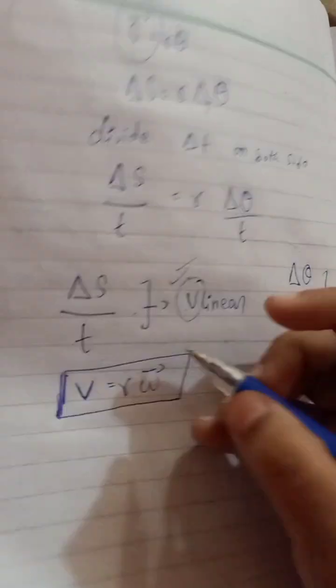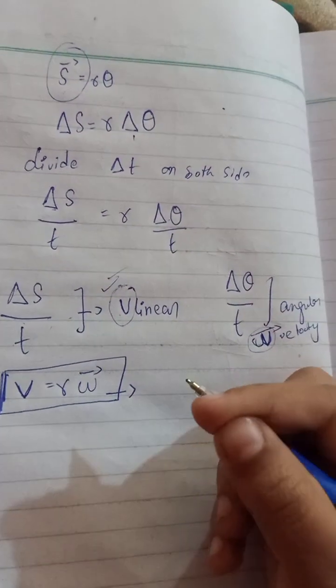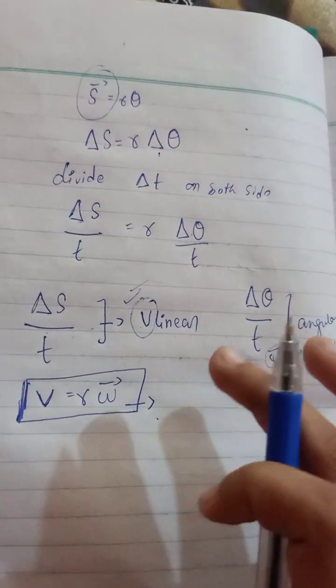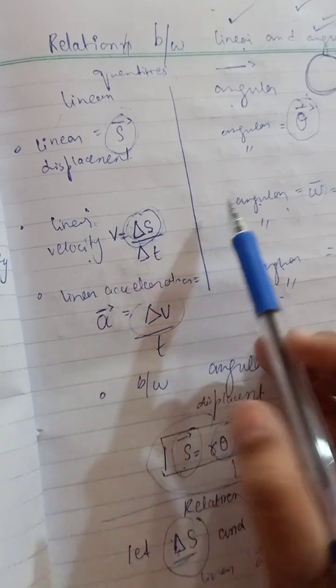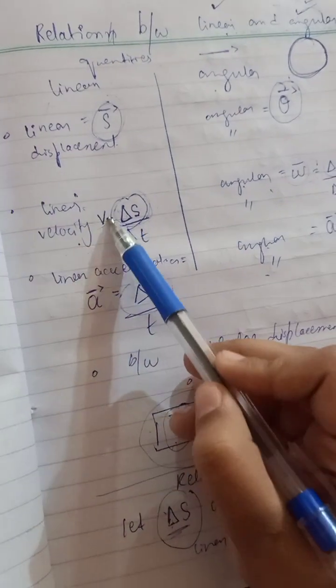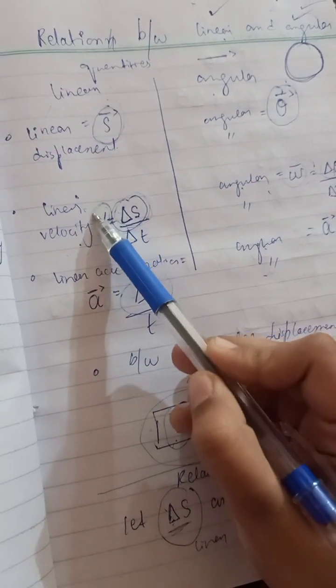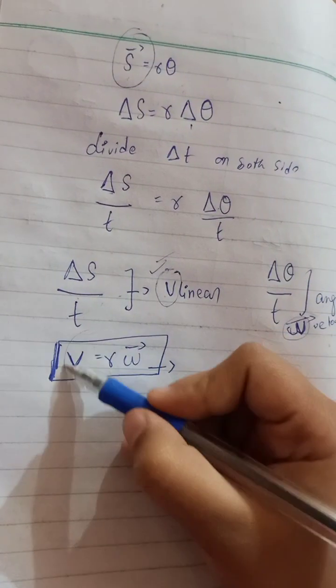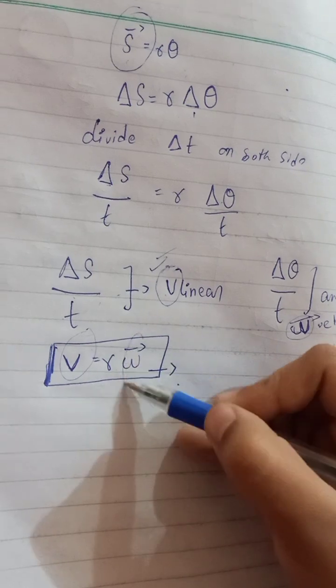Okay, so this is the final relation between the linear and the angular velocity. So we have our final formula, that is this. You can see that both terms, linear velocity as well as angular velocity, are in the same formula.